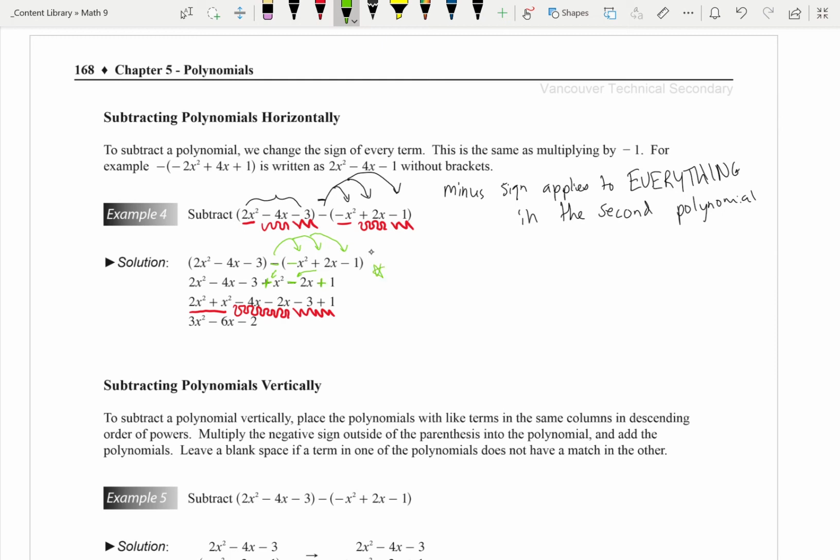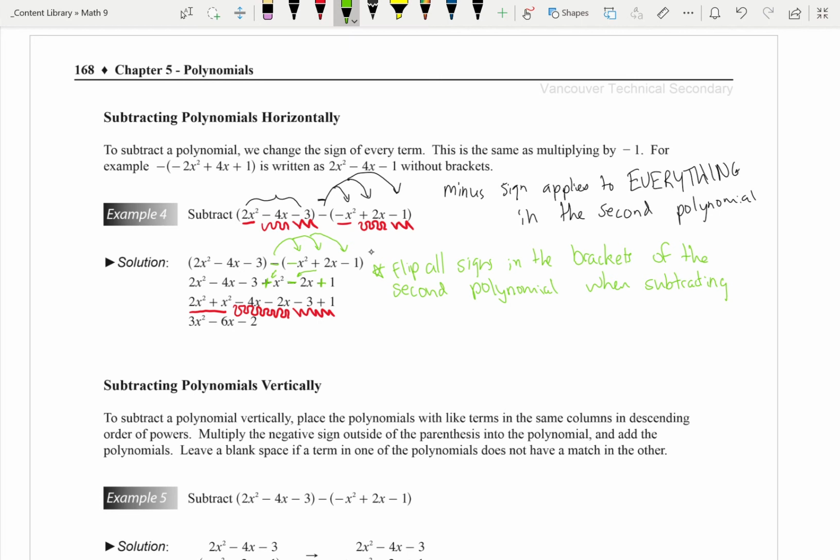The trick to this is flip all the signs in the brackets of the second polynomial when subtracting.